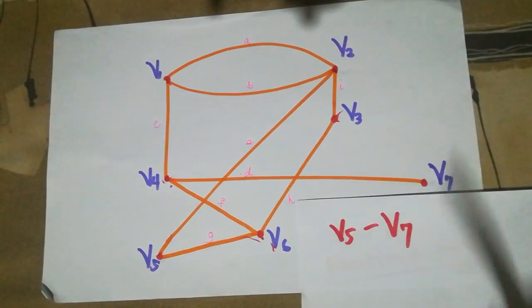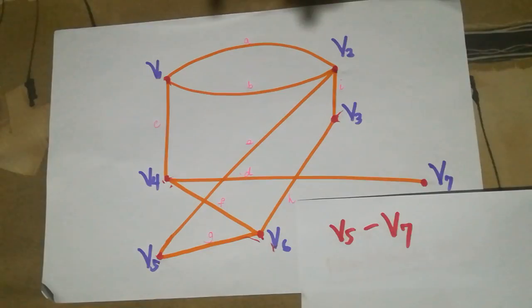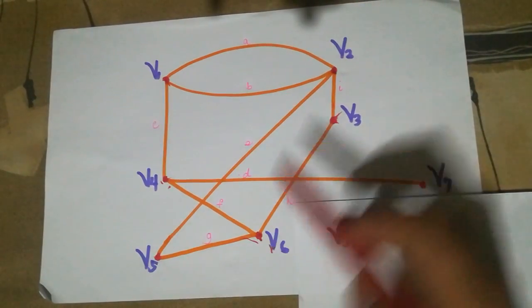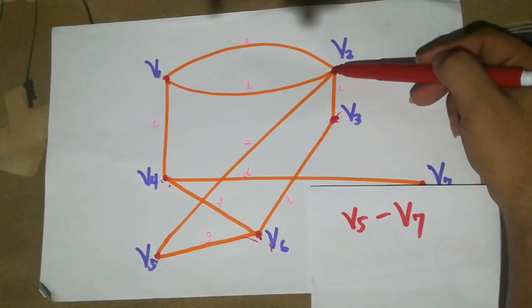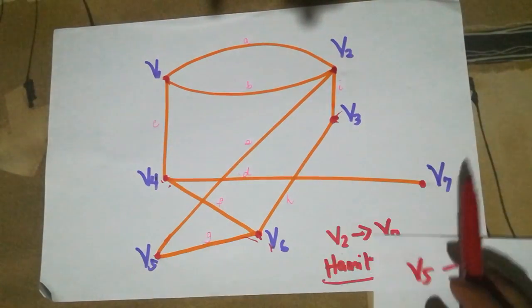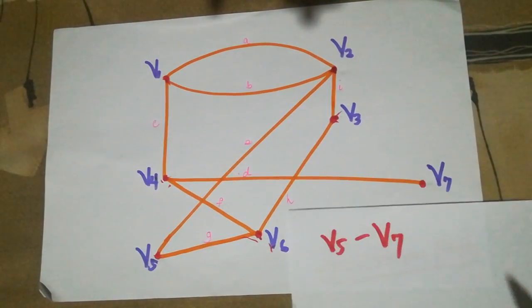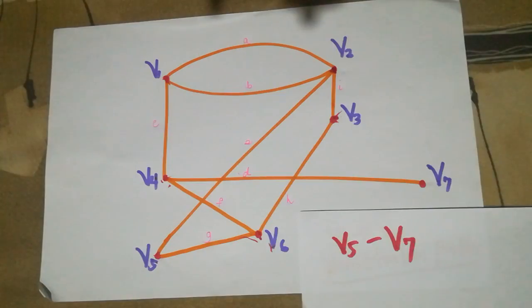So we have to do a rerouting, okay? How about we go from V5 to V6, V6 to V3, to V2, to V1, to V4, and to V7. Voila, you already have a walk that is considered a Hamiltonian path.